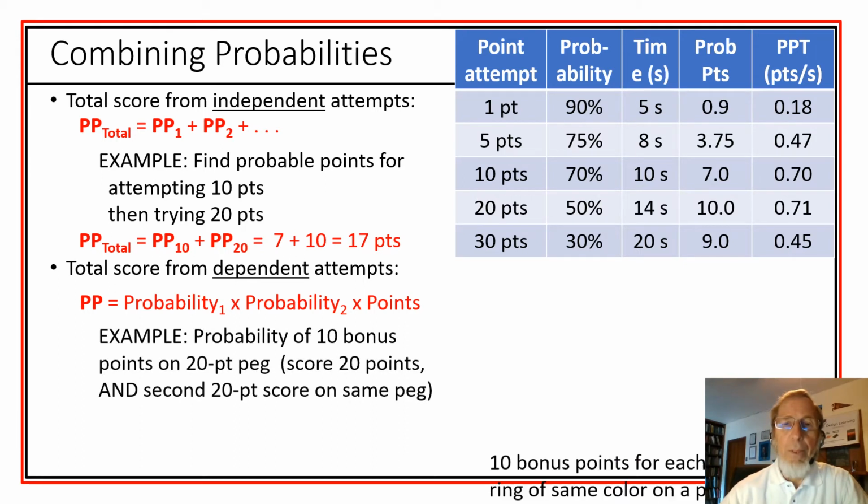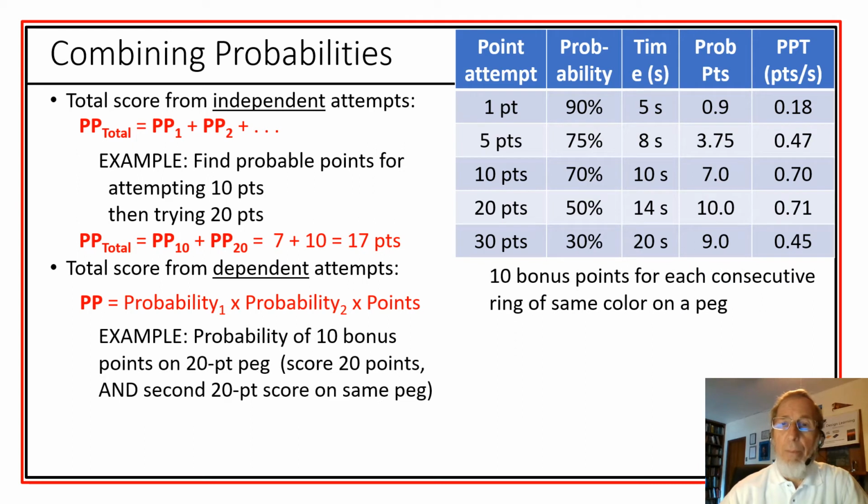So an example is, remember, we could get 10 bonus points if we have consecutive rings on a peg. So let's say we had 10 bonus points that we're trying for on a 20-point peg. We'd score 20 points and then attempt to score the second 20-point score. We have to have both of them in order to get the 10 points. So what are the probable points from our attempts at getting this bonus?